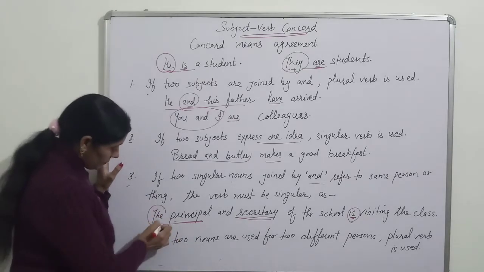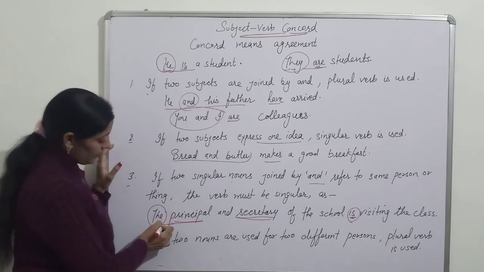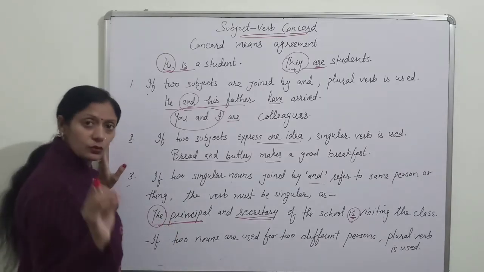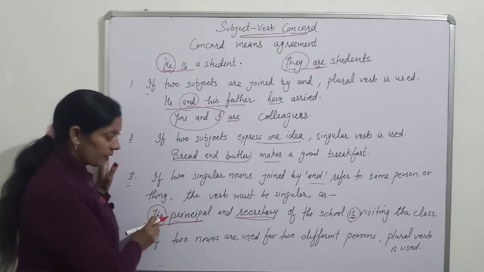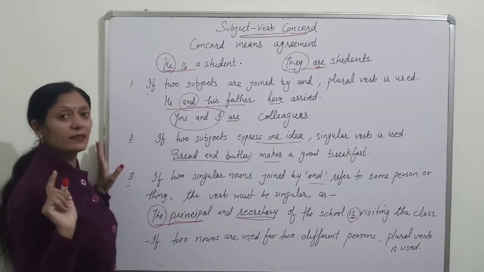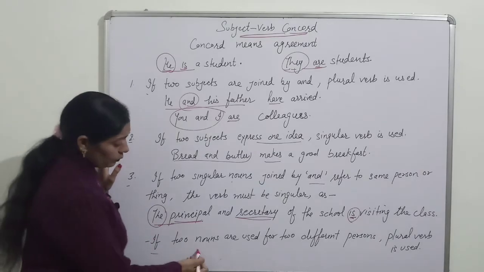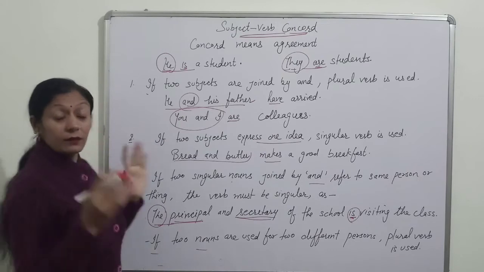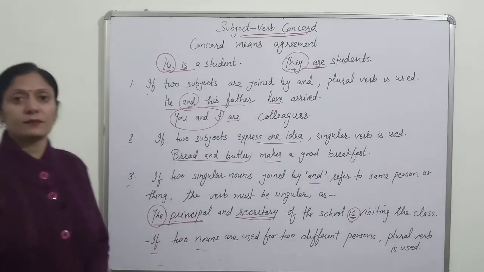The principal and secretary of the school is visiting the class. Also remember this, only with the first subject is the article used. If the article is used only with the first subject, it means we are talking about only a single person. But if two nouns are used for two different persons, a plural verb is used. Now how do we know this?